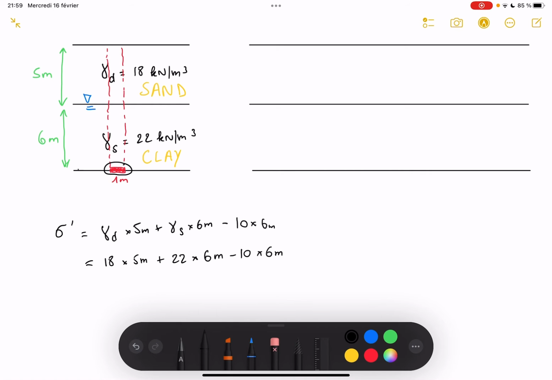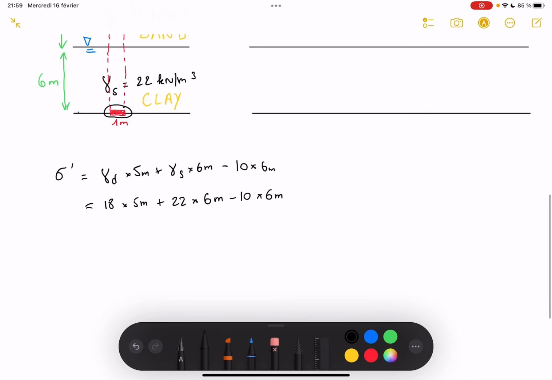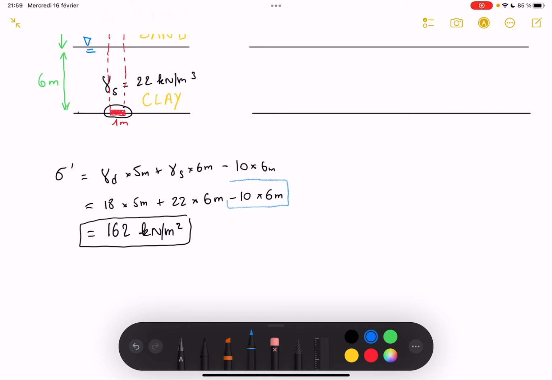I'm just making my small calculation: 18 times 5 plus 22 times 6 minus 60. This gives us an effective stress of 162 kilonewtons per meter squared. So this is your effective stress, because you have subtracted your pore water pressure.